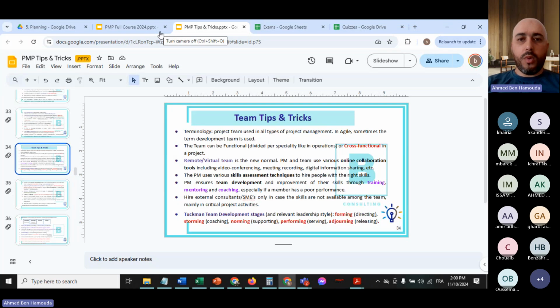So how to answer questions in the exam related to the team, since team and stakeholders are both part of the people domain, which accounts for 42% of the questions in the PMP exam.